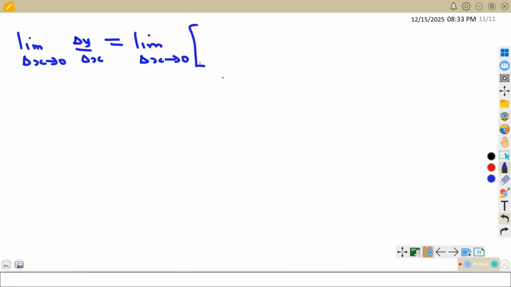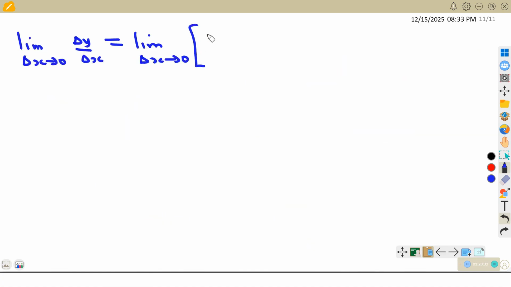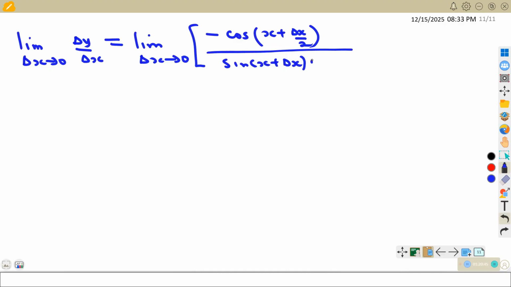So here we shall have the limit of negative cos of (x plus delta x) divided by 2, over sine of (x plus delta x) times sine of x.